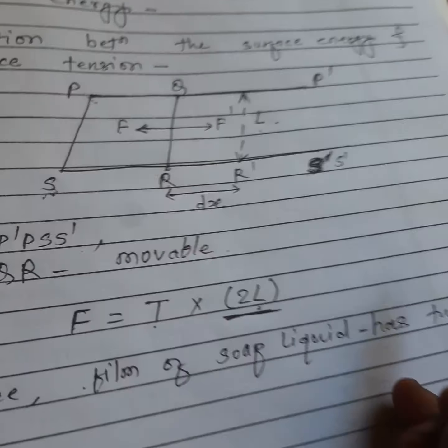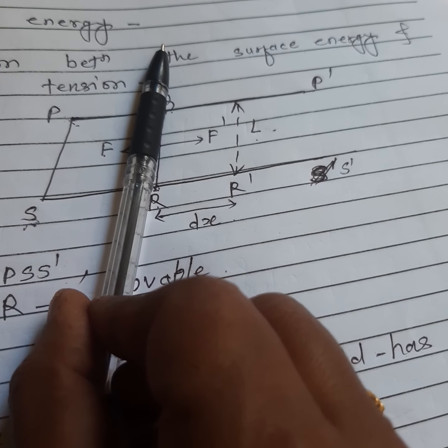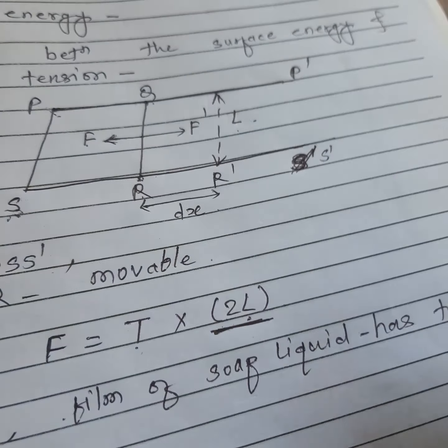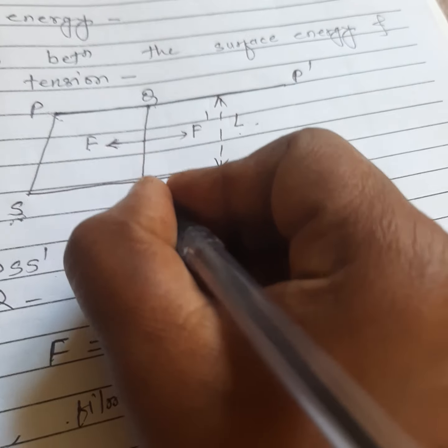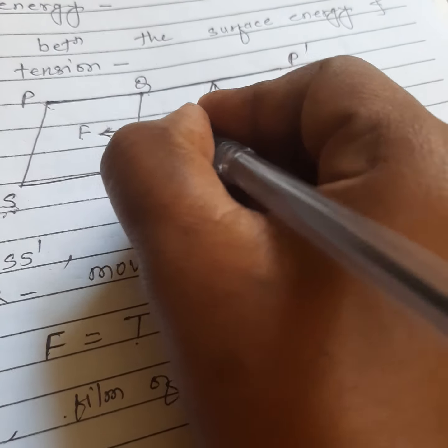Now imagine an external unbalanced force is exerting on this arm QR along this direction.